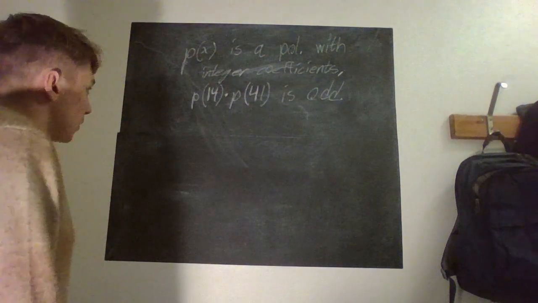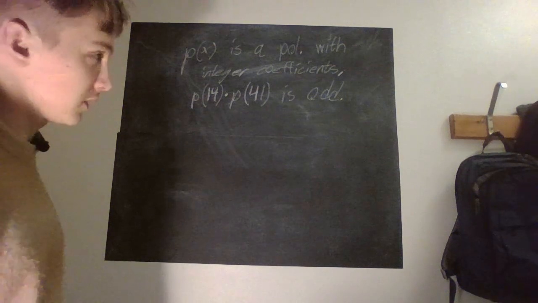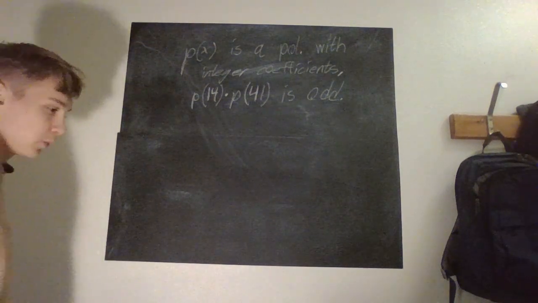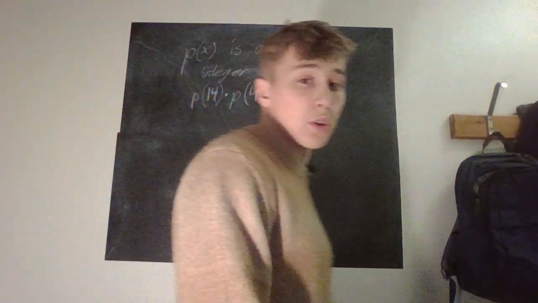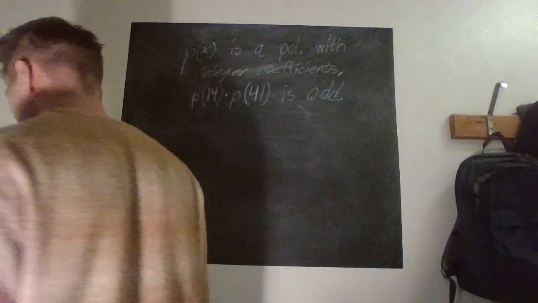So if we know that both p of 14 and p of 41 are odd, how do we prove that p is odd for all integers? Well, here we have an even and an odd number.